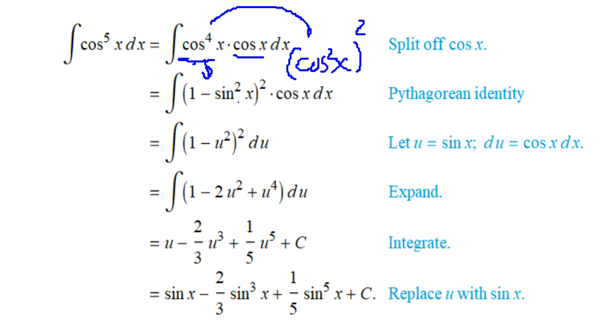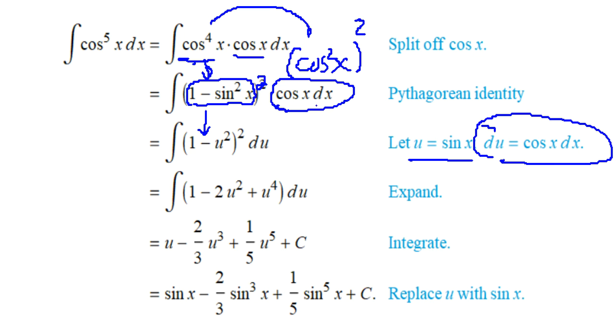And this cosine x squared is the same as 1 minus sine x squared, and then another square outside. Now for this cosine x dx, if you let u be sine x, then this becomes 1 minus u squared, quantity squared. And the du is cosine x dx, so that's a perfect match. Therefore, the integral becomes this new integral in terms of u.